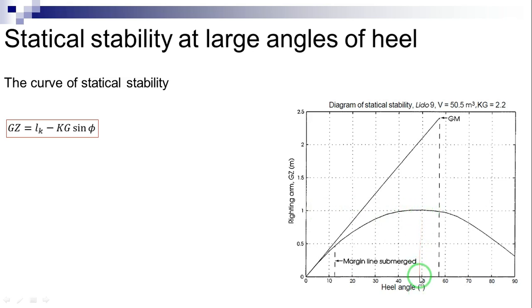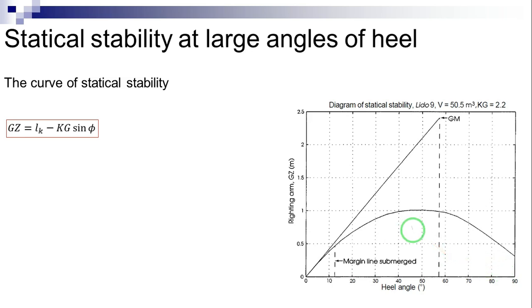Another important point is where the GZ curve crosses 0. The corresponding phi value is called the angle of vanishing stability. In our example, the righting arm curve crosses 0 at an angle greater than 90 degrees, in a region outside the plot frame. The angle of vanishing stability can often occur at less than 90 degrees.